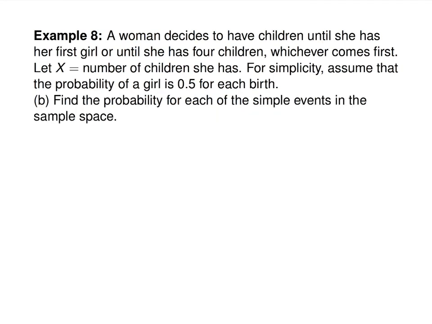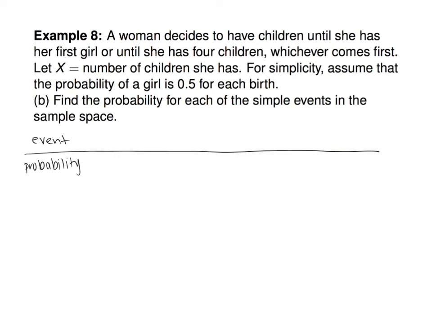Next, we're going to find the probability for each of the simple events in this sample space. So I'll make a table that has my event and then computes the probability below. So if the event is that she has a girl, that has probability of happening 0.5.